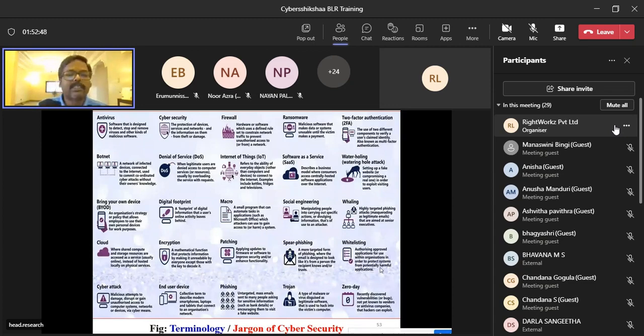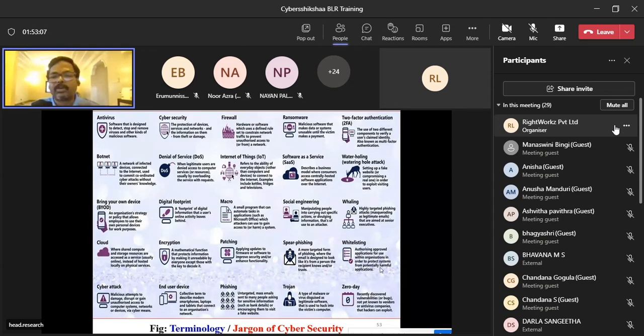Digital footprint: the trail of digital information that a user's online activity leaves behind. Macro: a small program that can automate tasks in an application such as Microsoft Office, which attackers can use to gain access to a system.